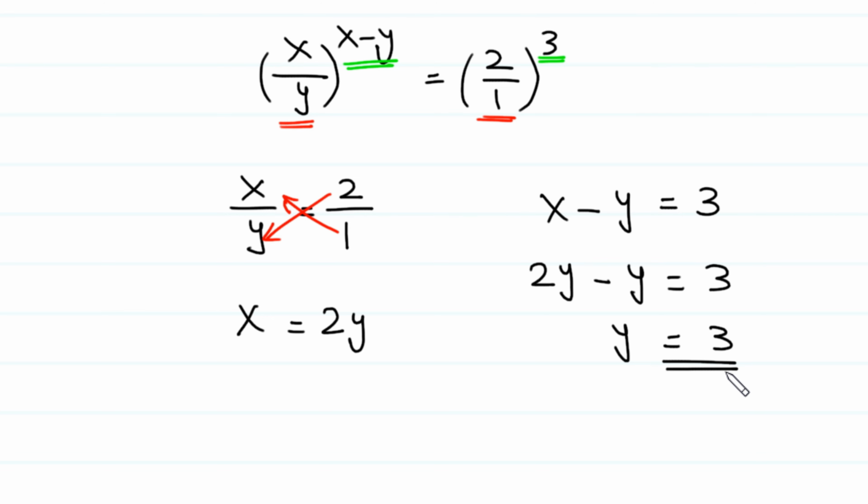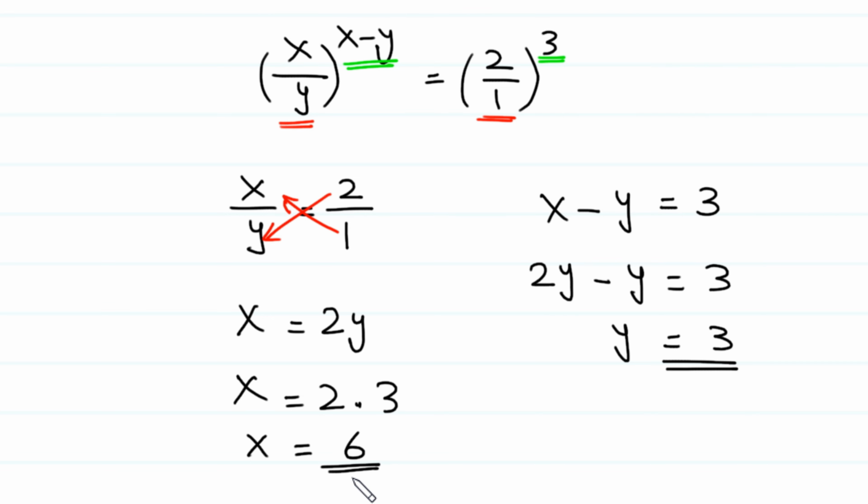So this is the value of y, and if we put this value of y in this equation, we can find the value of x. x is equal to 2 times the value of y, 3. x is equal to 2 times 3, 6. This is the value of x.